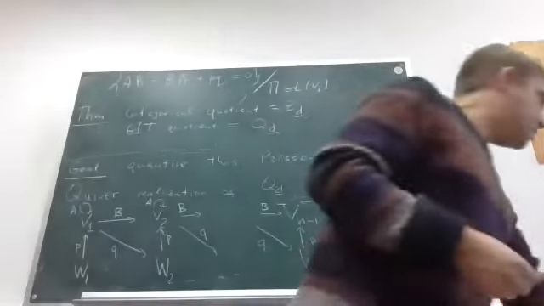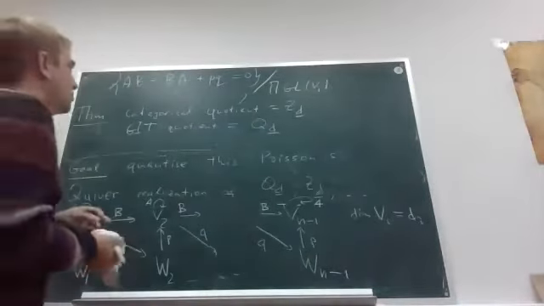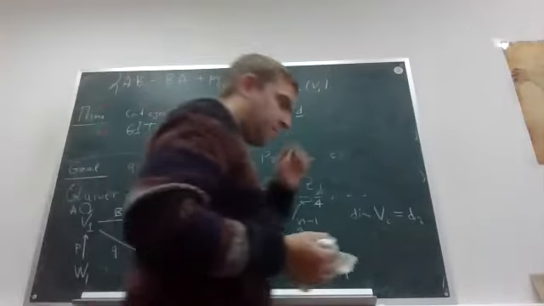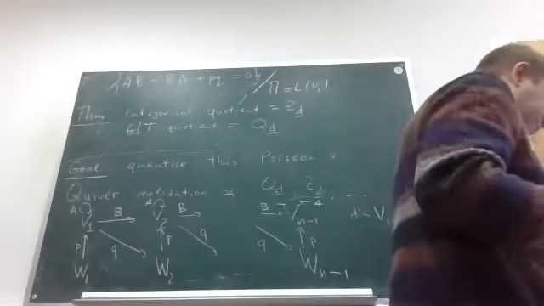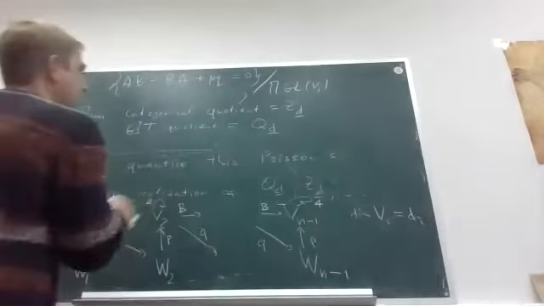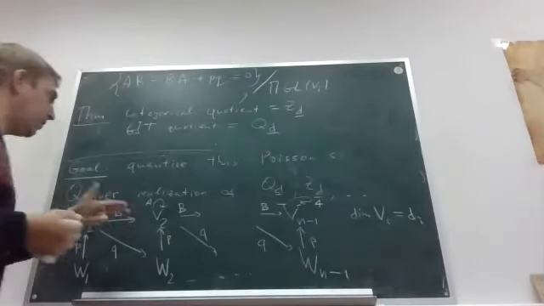Now, let me briefly explain how to pass from Laumon quasi-flag space to this quiver variety.